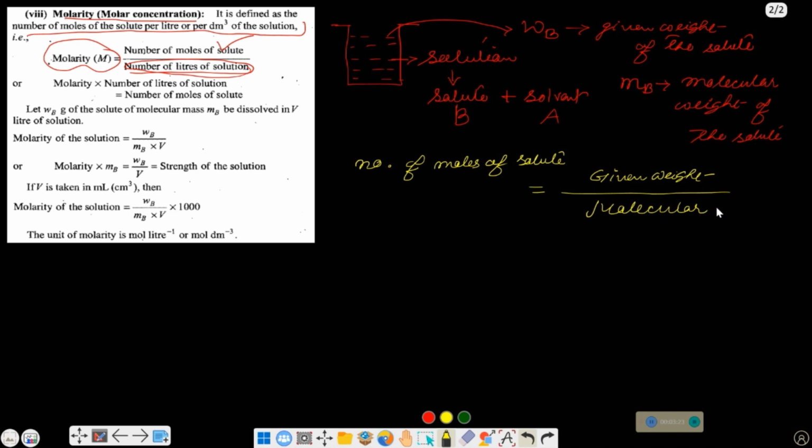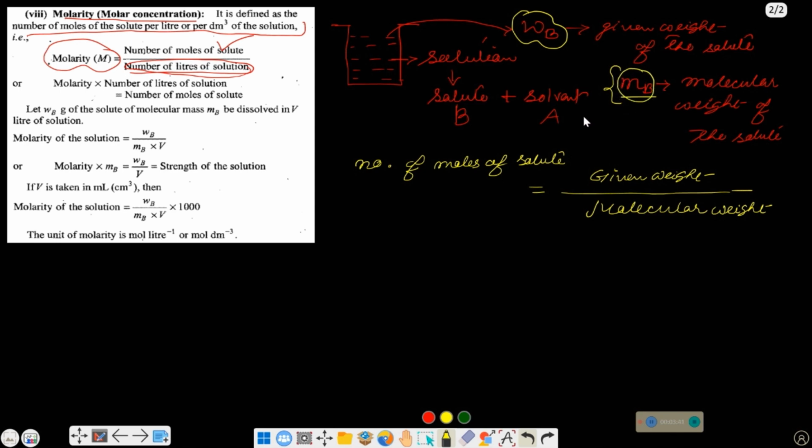We need to know the weight of the solute, and then we need to know its molecular weight, where MB is the molecular weight.